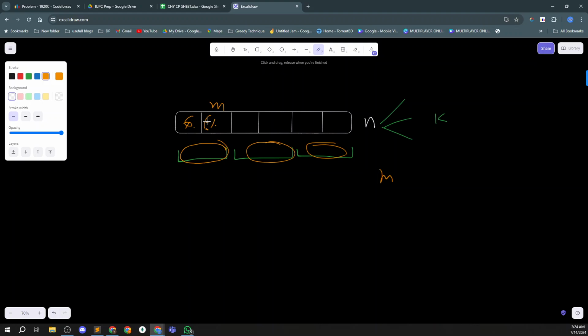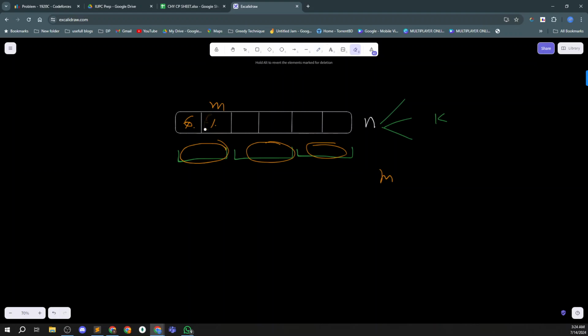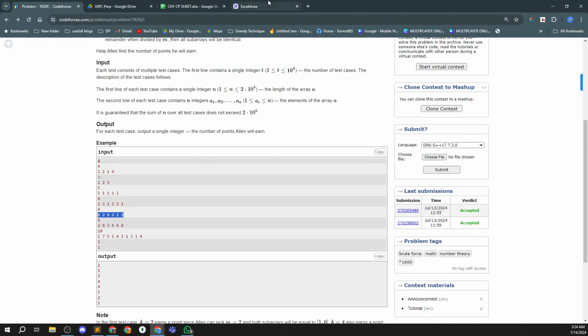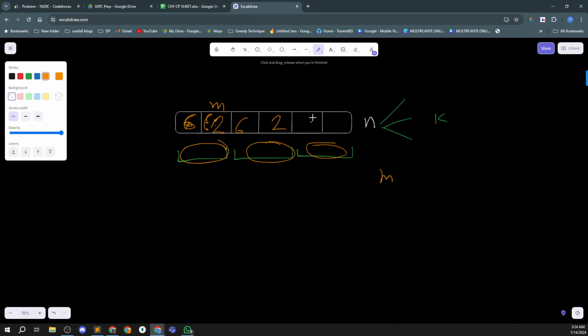If we take an example, for example 6 2 6 2 2 2, here n is 6.